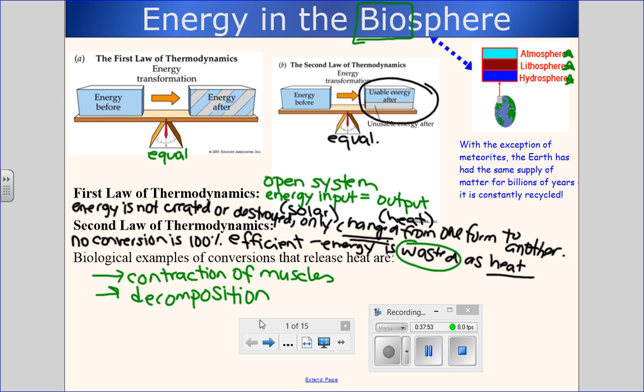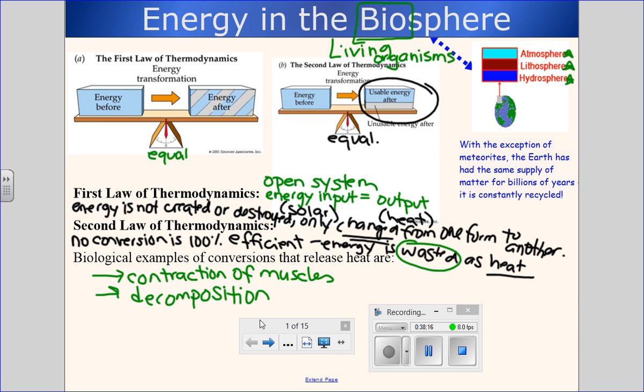Now, because this is biology, and we are talking about the biosphere, we are focusing on living organisms. So the biosphere is the part of our planet where living organisms are.